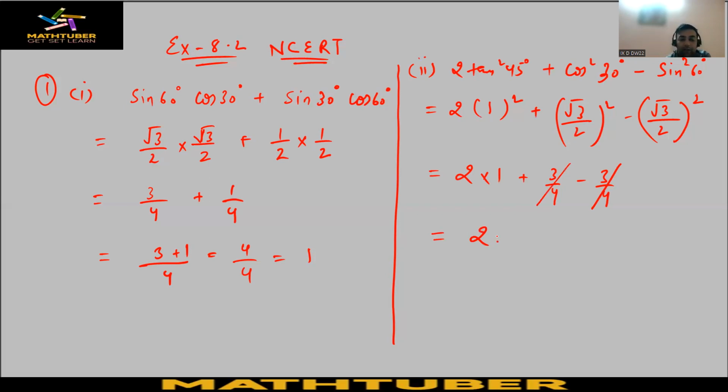So this is how we have to substitute the values from the table and then just simplify it using the laws of algebra. Then after that, third part of this question, we have cos 45 degree divided by sec 30 degree plus cosec 30 degree.